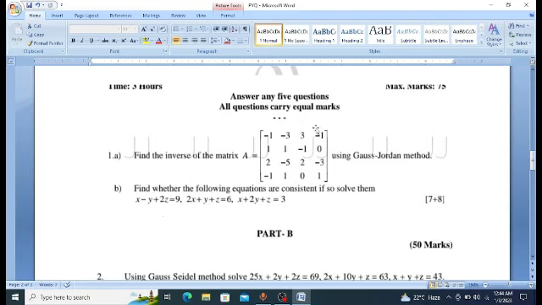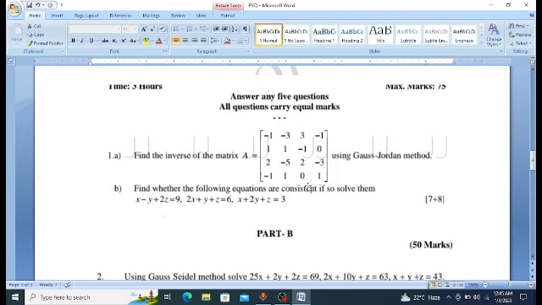Here you have to write in the format A equals In into A, where In is nothing but the identity matrix. Here we have a 4 by 4 matrix, then I4 is the identity matrix of 4 by 4.